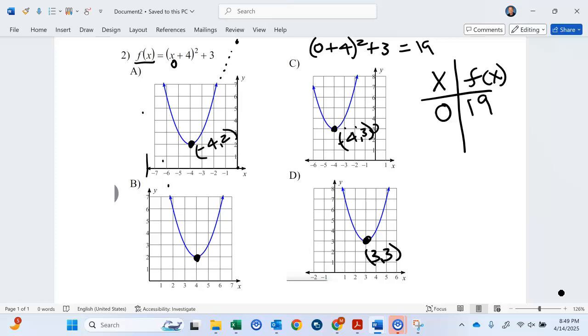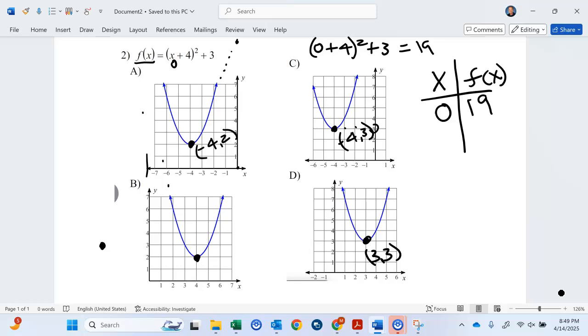So what that tells me is there's a few different things I can do. I can try negative 4 to see if it gives me 3, because when I go negative 4, 3 would be about right there on B, okay? But I want to use positive numbers, and negative 4 is negative. Let's use this one right here.